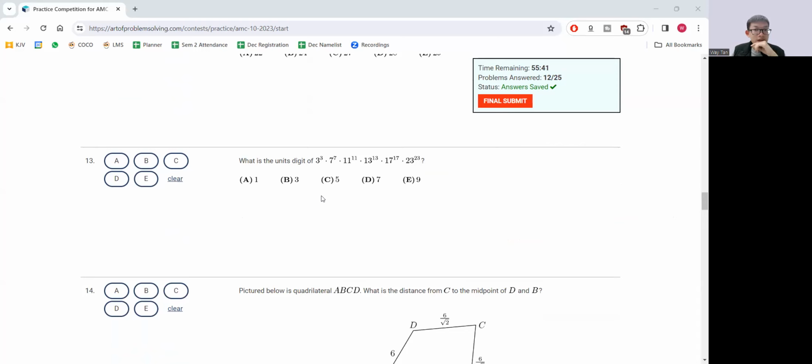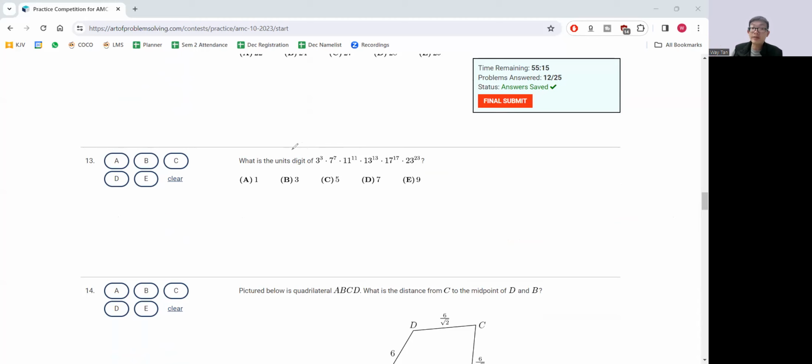Okay, this thing here. I'm thinking whether I want to pull out a trick. Yeah, let's just pull it out, right? So it's well known that your units digits will repeat after 4 steps for any number. When you just take powers, they repeat after 4 steps.